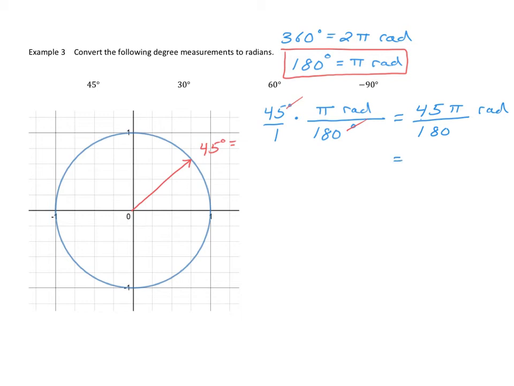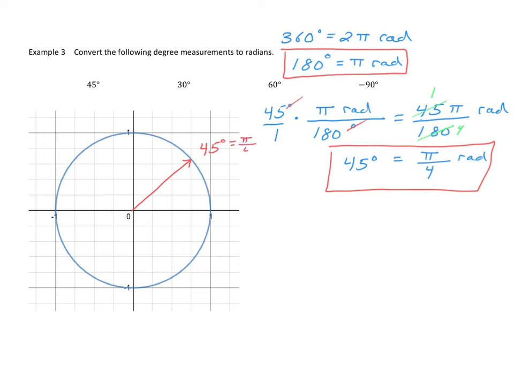Of course, this can be simplified. 45 goes into itself once and into 180 4 times. So we have pi over 4 radians. So this is an important connection. 45 degrees is the same thing as pi over 4 radians. So I'll put pi over 4.